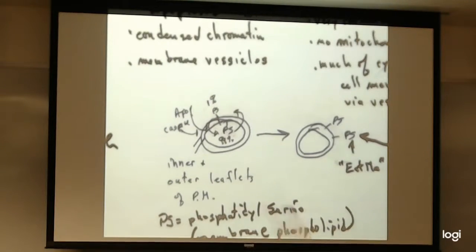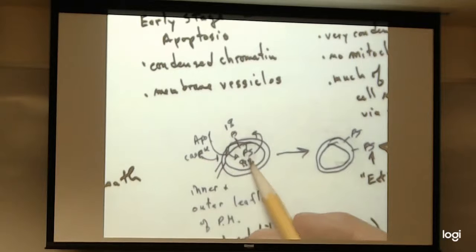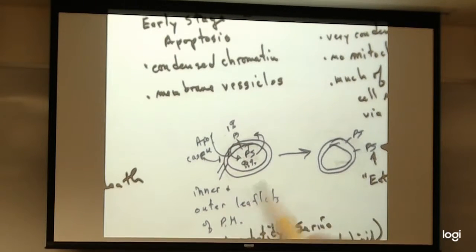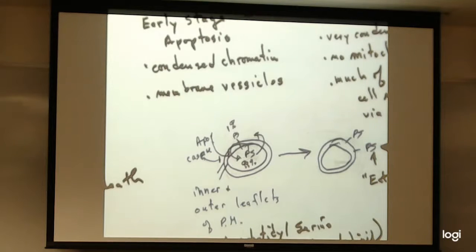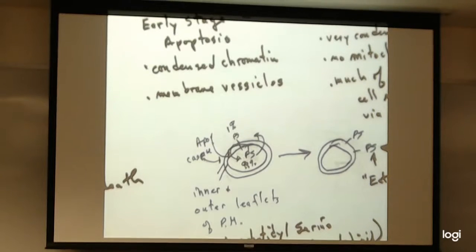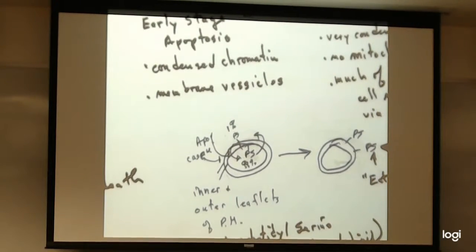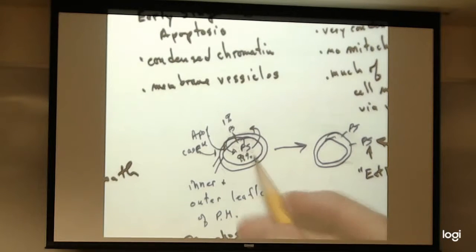Boy, good luck trying to read this. Here's the plasma membrane. Remember, we have an inner leaflet and an outer leaflet. All membranes are double leaflet structures, okay? Some phospholipids are confined to the outer leaflet, facing the outside world. Other phospholipids are confined to the inner leaflet, okay? One of the phospholipids which is confined to the inner leaflet is phosphatidylserine, PS.